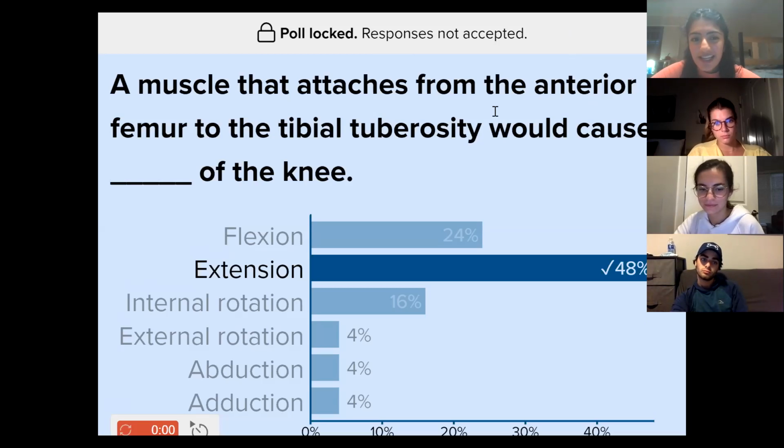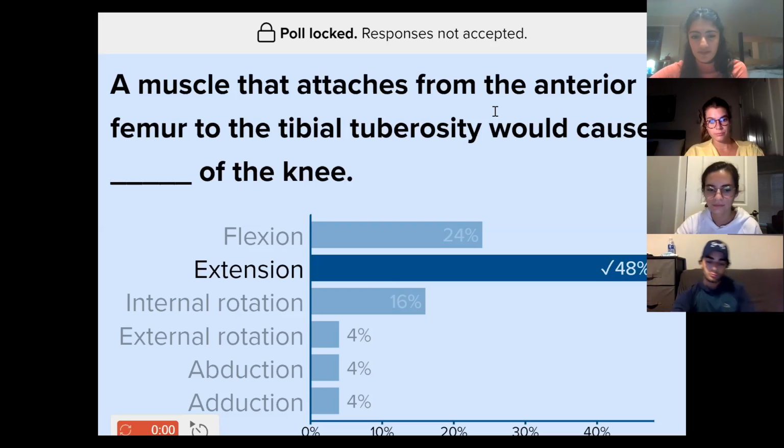And why can't you find an anterior femur in the lab text? Because it's not really a thing, right? Anterior femur is just saying the front of our femur. So it might have been a slightly bit of a trick question, Emma, but the rest of your logic was completely correct. Any muscle attaching from the anterior femur to that tibial tuberosity, if it shortens, is going to pull the knee forward and extend it.